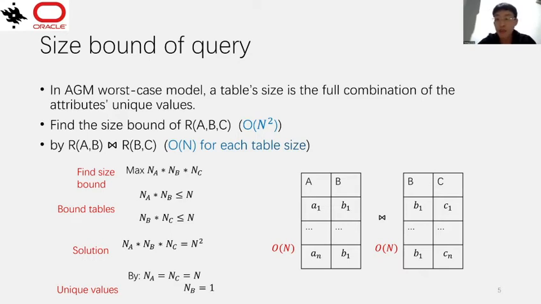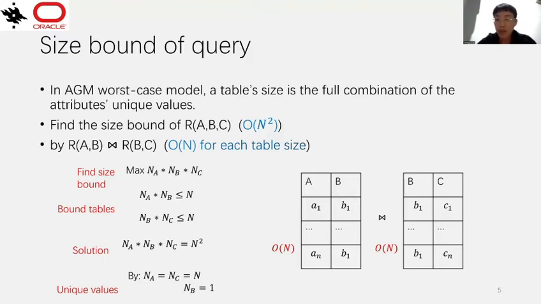Now let's see how we find this number by this model. In this case, we want to find the size bound of the result of ABC. If there is no constraint, the size bound could be n to the power of 3, by the Cartesian product of each attribute.